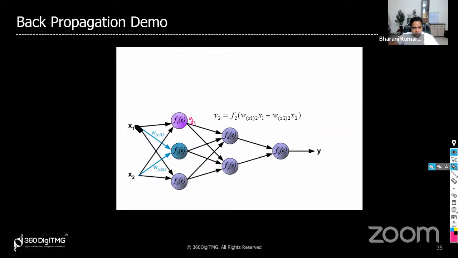Next, when your inputs go into this neuron, again here you will have the integration and activation. So this weight into this input, plus this weight into this input, would give you the integration part. Then when you pass it to your activation, some ReLU activation function, assume, you get an output. Say that output is y2.